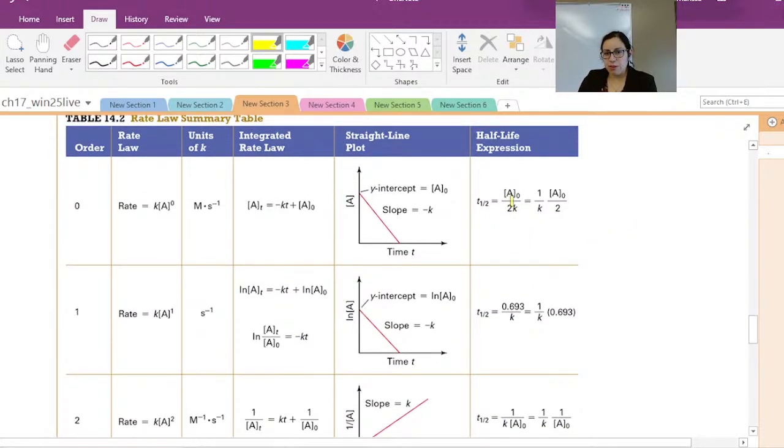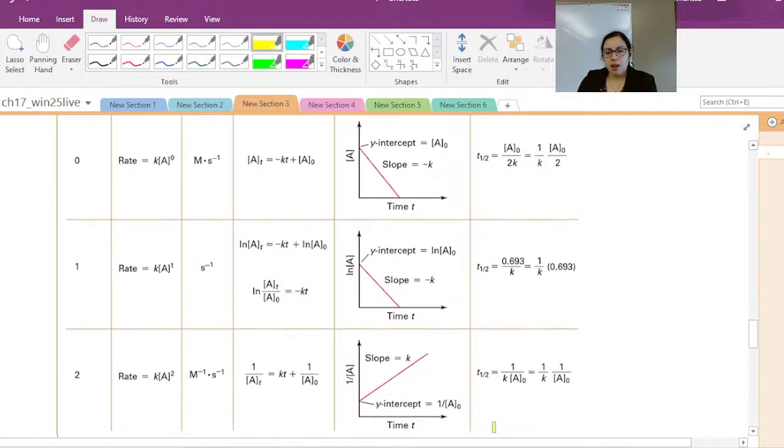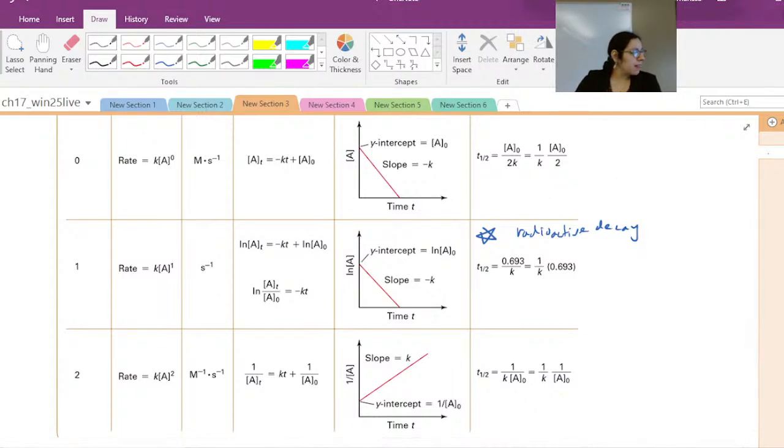Obviously you have other half-life expressions for the different orders, and I just give you this one. So this is more for our radioactive problems. Most of the radioactive decay problems are all first order.